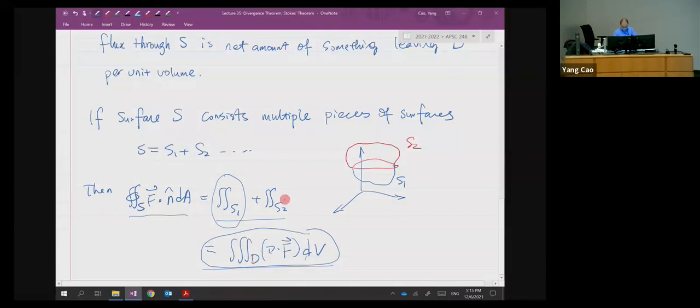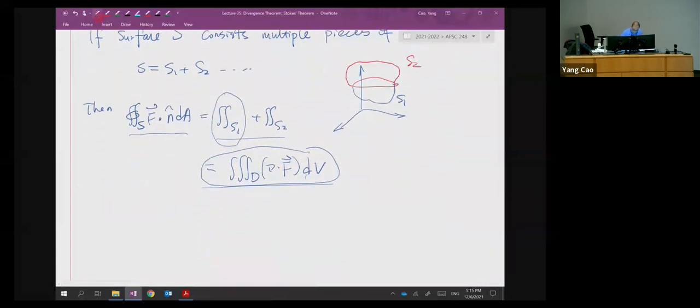Then you don't need to calculate the surface integral over S2 anymore. You can use this triple integral result minus the surface integral over S1, and you get the surface integral result over S2. That's one of the applications, and exactly one of the assignments that you will see. Let me show you a couple of examples here.